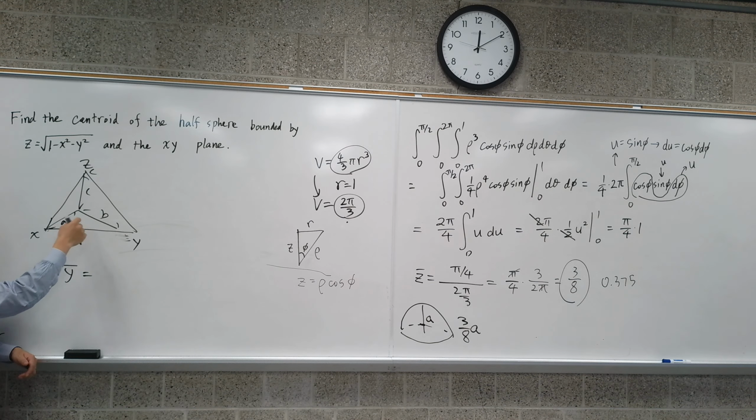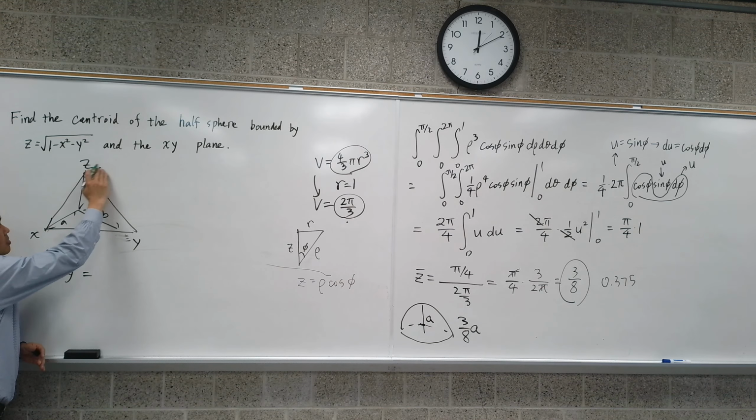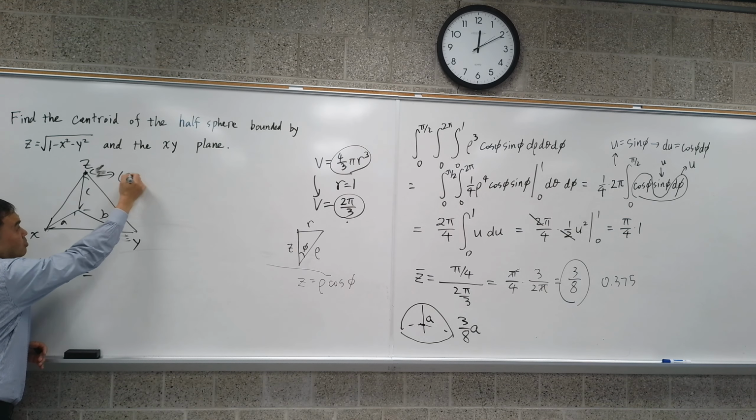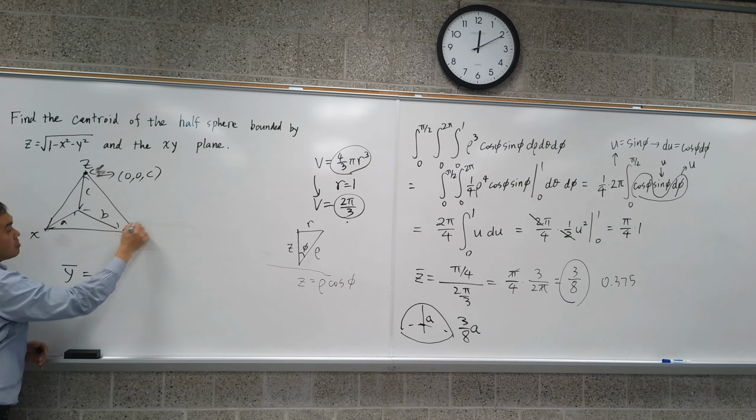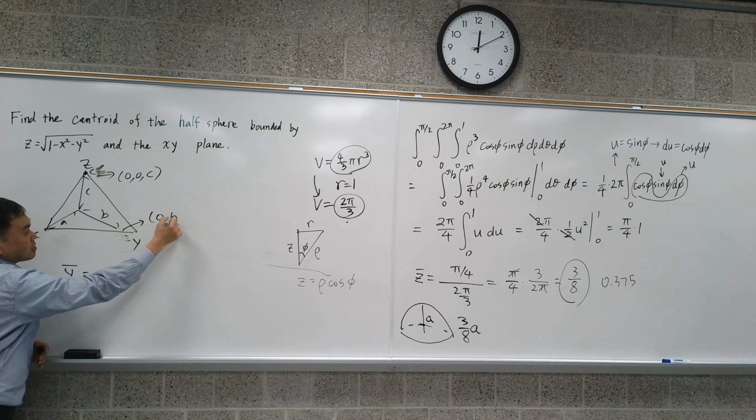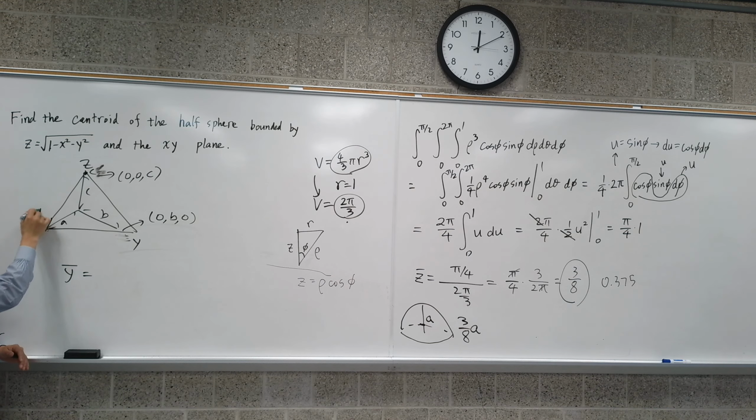So the actual center of mass is somewhere in the middle of this tetrahedron, right? Because this is linear shaped, you can kind of make an argument there. What's this coordinate? This is 0, 0, C. This point here is 0, B, 0. This point here is A, 0, 0. And then over here is 0, 0, 0.